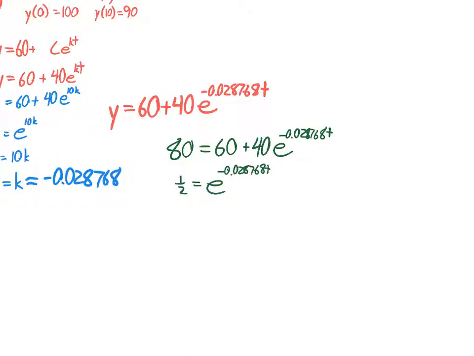Take the ln and divide, and t is going to be the ln of a half divided by the negative 0.028768. And what do we get for the t? 24.094.